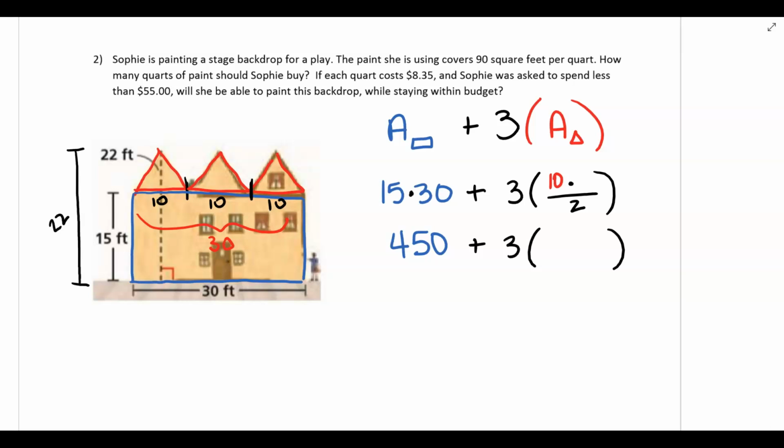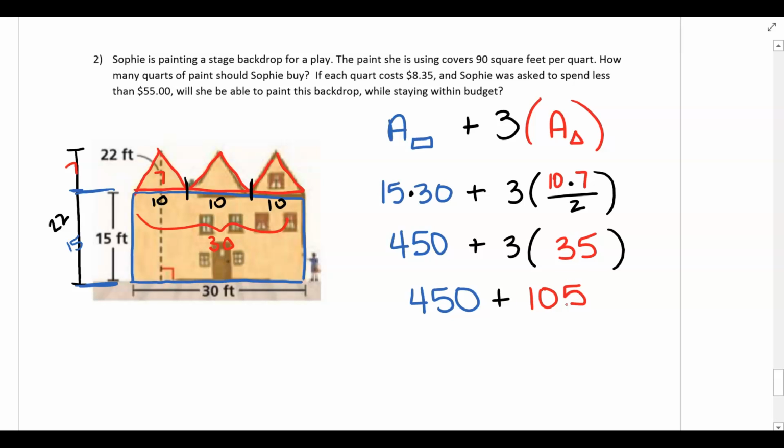So if they're already showing me that the height of the rectangle from here to here is 15, then that means I can do 22, the full height, minus that 15, to find that the height of the triangle is 7. So that means each triangle has an area of 70 divided by 2, which is 35. Okay, so 450 plus the area of the 3 triangles combined, 35 times 3 is 105 feet squared.